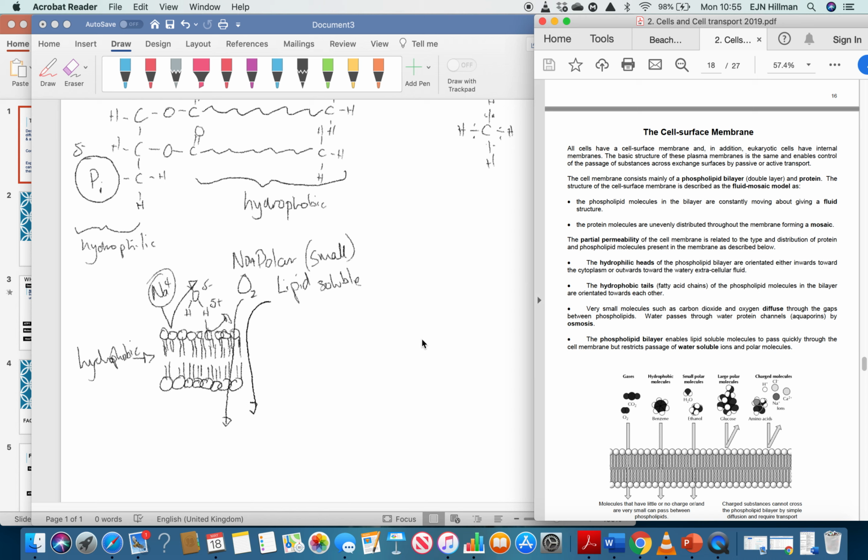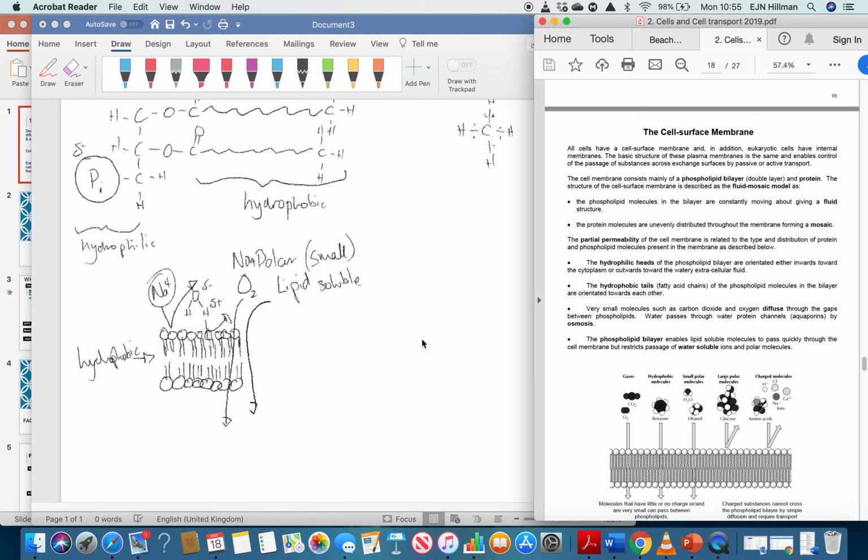It's the net movement, and by net we mean that there is movement in both directions, but the overall movement is what we refer to as the net movement. These particles are moving in any direction.